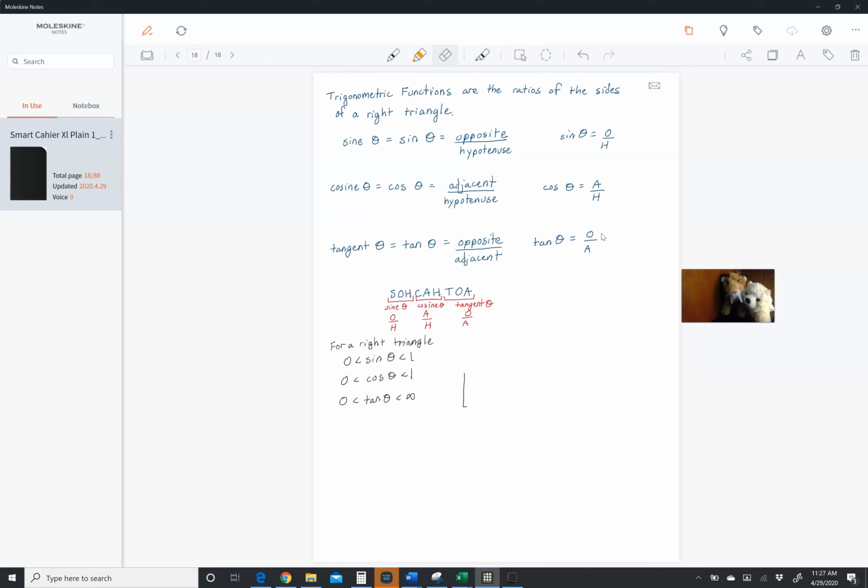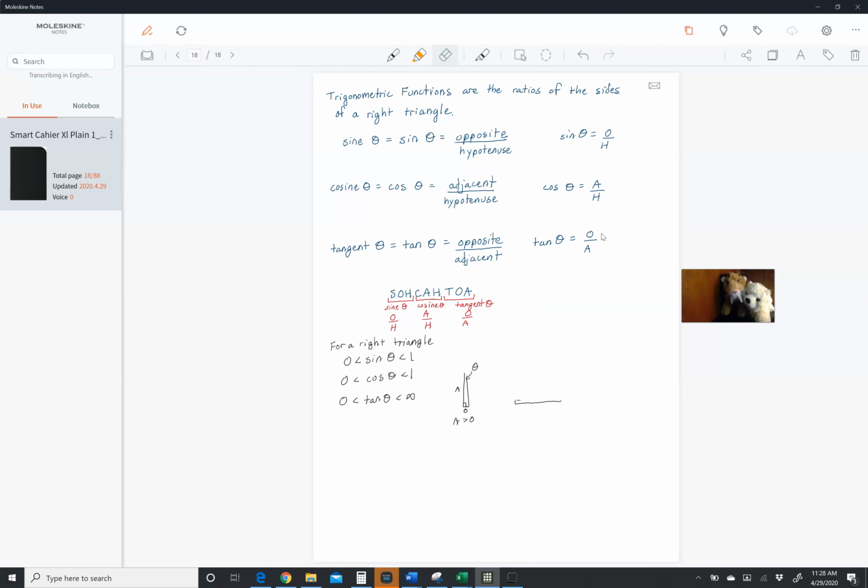So this would be an example of a triangle. Let's say that this is theta. This is your right angle. Here your O is very small and your A is very large. So your A is greater than your O here. And you could have the same thing the other way.